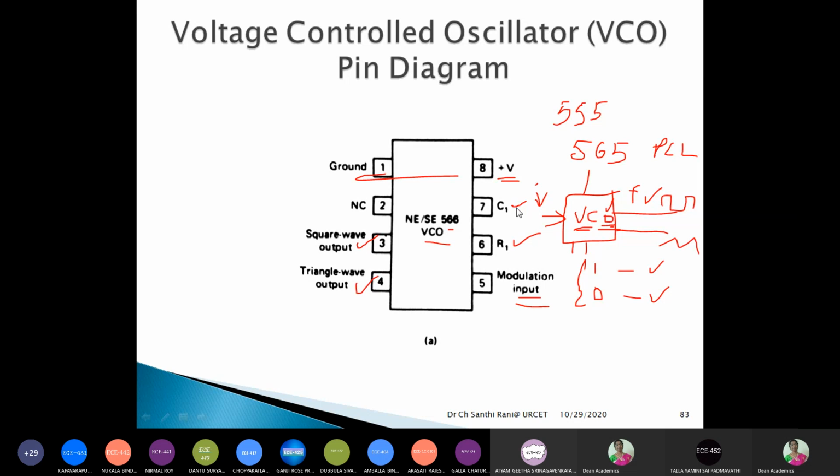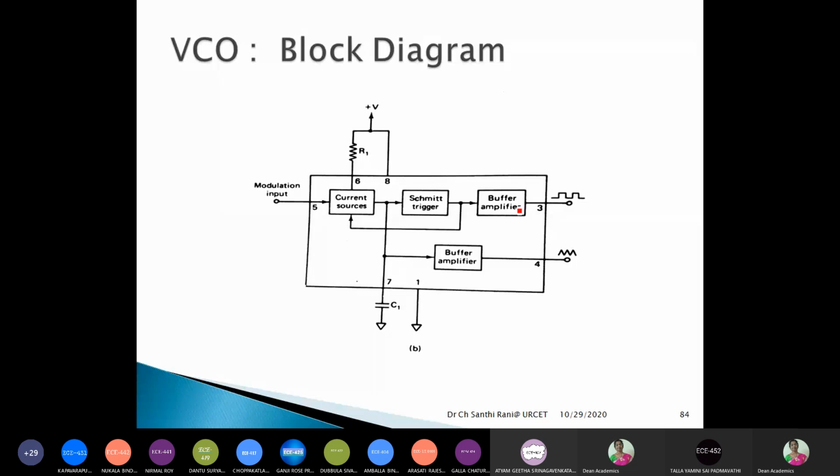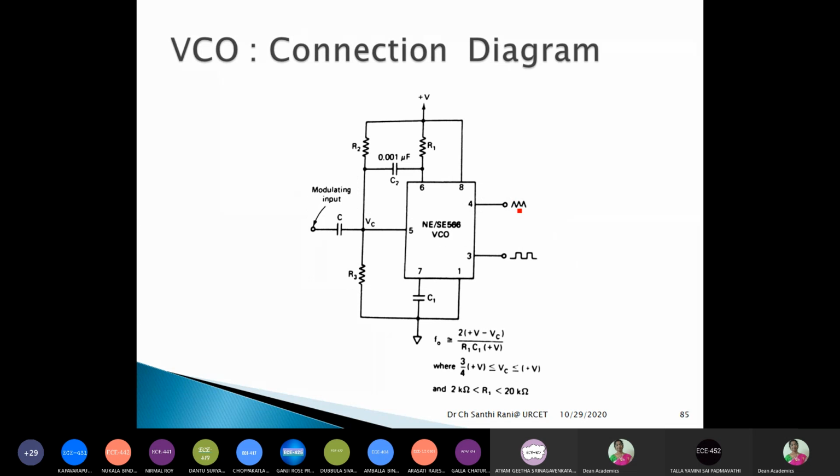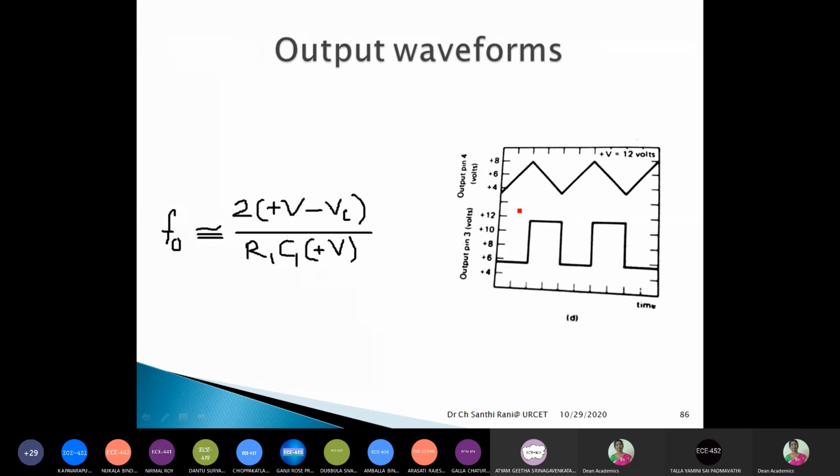Then let me ask you one or two small questions on this. I think in the next slide also pin numbers are given. Let me ask here. If we observe the pin diagram of 566, to which pin do we give the input to the voltage control oscillator IC 566?